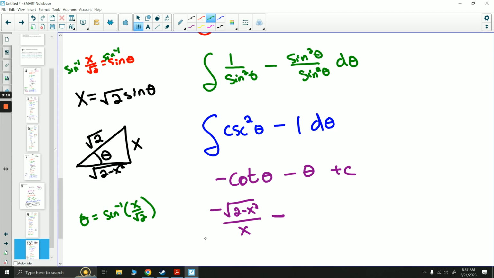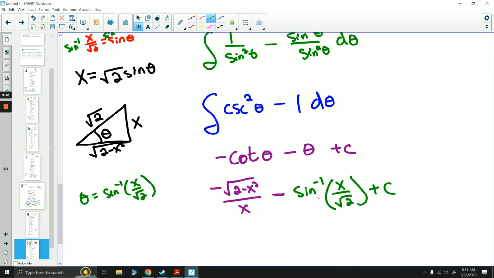I really try not to do stuff like this as much as possible, having sine inverses and cosine inverses and secant inverses is pretty ugly. So I usually don't do this unless I have to, but when we just have a theta, we're stuck doing that. So we have minus sine inverse of x over square root 2 plus c. And that is going to be our integral.